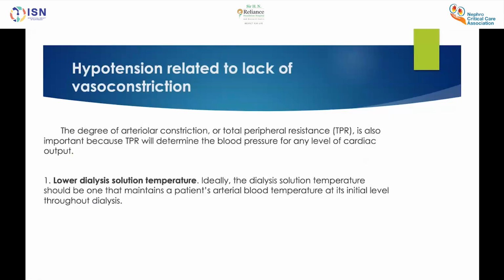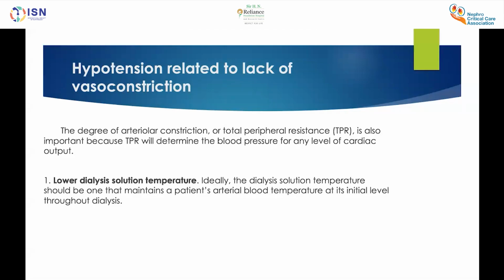Now, hypotension related to lack of vasoconstriction. So the degree of arterial constriction or total peripheral resistance is also important because TPR will determine the BP for any level of cardiac output. So what are the points that would affect this? That is a lower dialysis solution temperature.